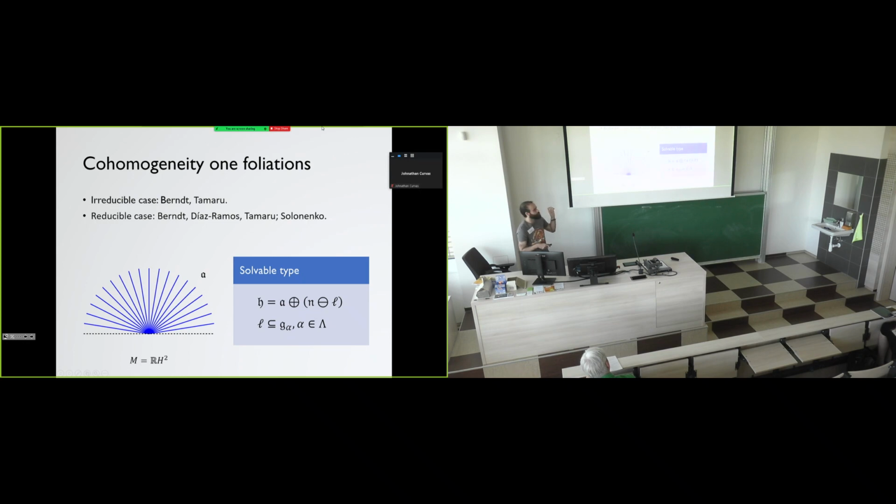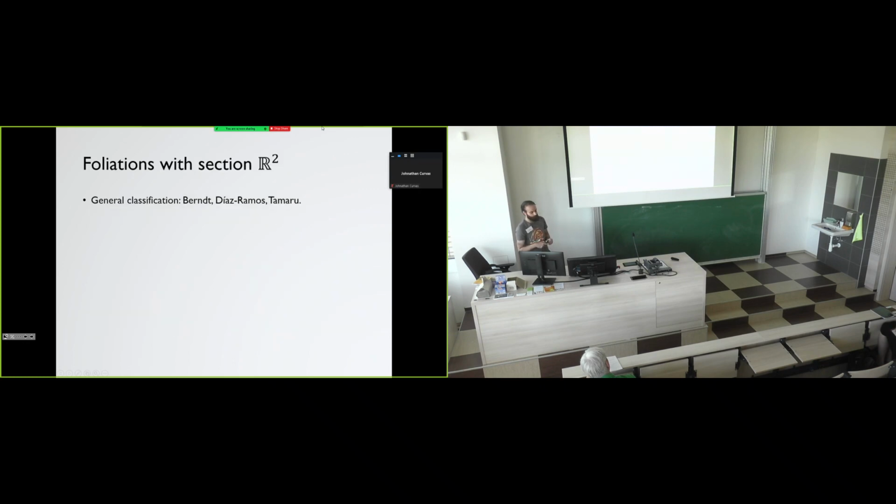Now, this procedure that is given to produce all cohomogeneity 1 foliations can be generalized to a general procedure to construct hyperpolar homogeneous foliations in arbitrary codimension. This was done by Berndt, Díaz-Ramos, and Tamaru, and for illustration purposes, we're going to see this construction in codimension 2.